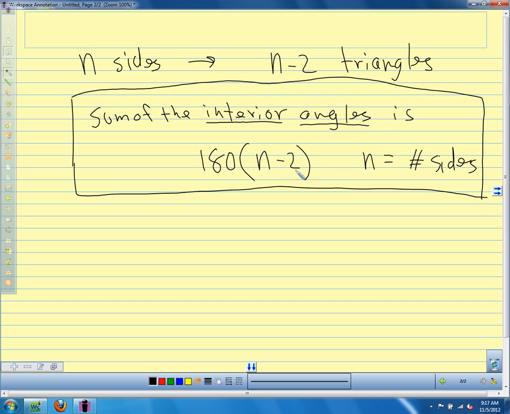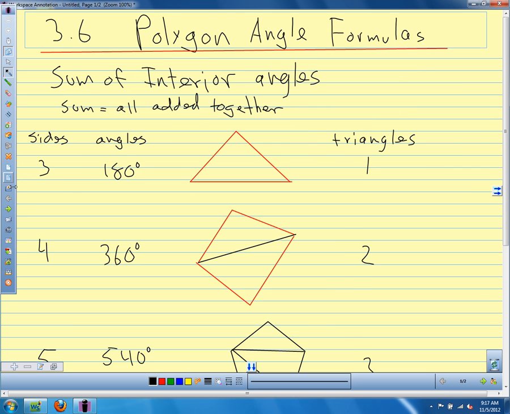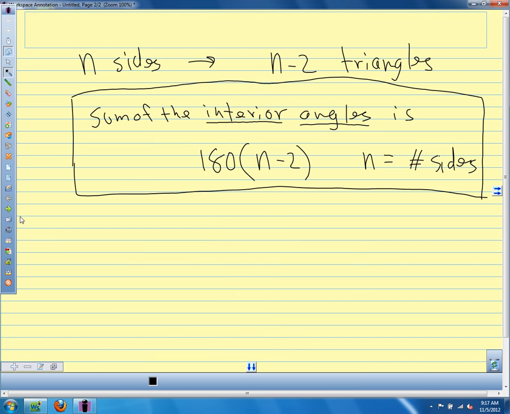And we figured that out by dividing our polygon into triangles. Go back here. And let me just make a quick sketch. If we have a polygon, what I'm talking about here, the interior angle is right there. And I don't want it to look like a 90.